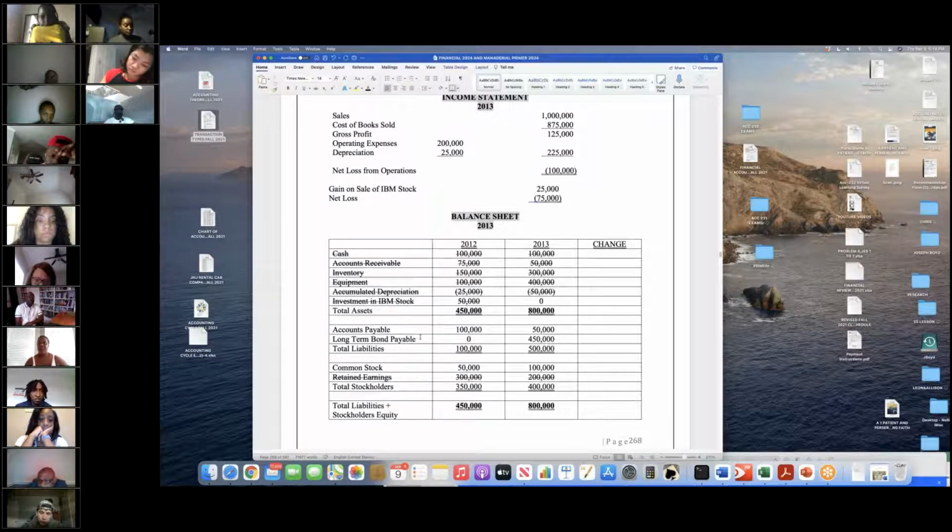Let's go to accounts payable. Where does accounts payable go? Part 1. It goes in part 1. Is it a source or a use? Accounts payable did what? It went down, correct? Yes. So what happened to your cash when you pay on your student loan?